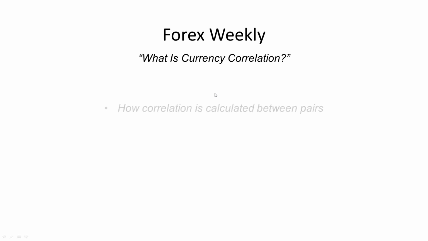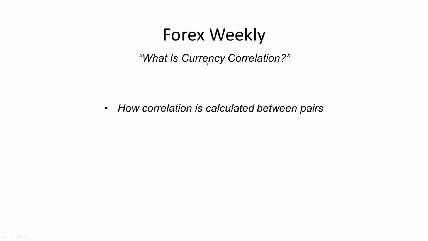So we're going to talk about how it's calculated between pairs. Some people look at currency correlation on an individual currency basis, and others use it for currency strength, breaking the currencies up and looking at the strengths. We might talk more about that in next week's session.